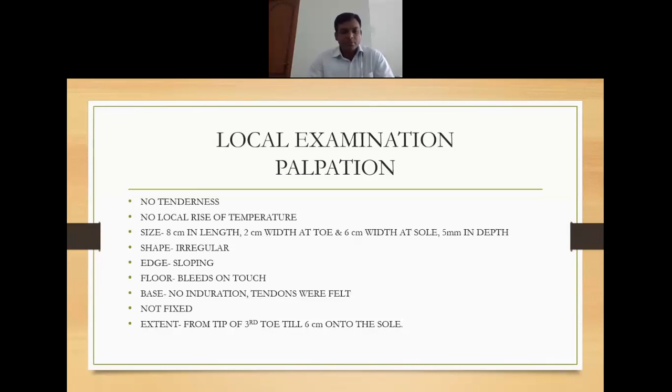So not fixed. That is what you told: you tried to move the ulcer. Though it is told theoretically, it is practically a little difficult to comment on because you cannot really hold the ulcer and move it. If it is smaller, you can still try, but it becomes important when you are dealing with basal cell carcinoma or squamous cell carcinoma.